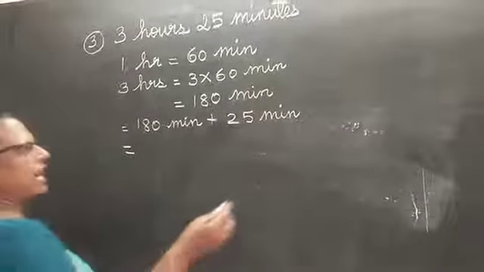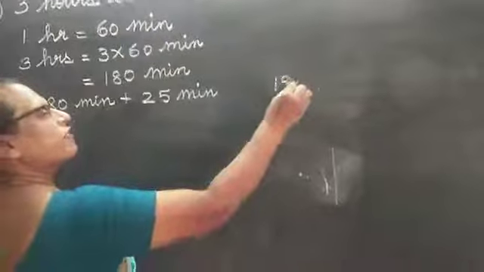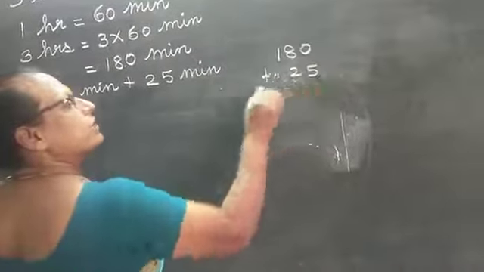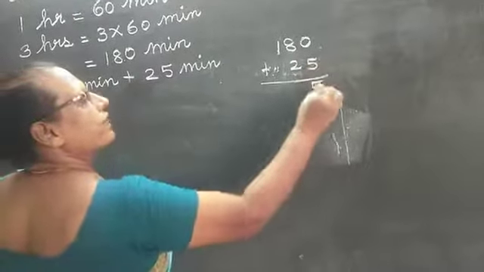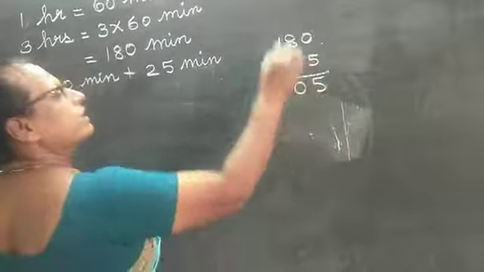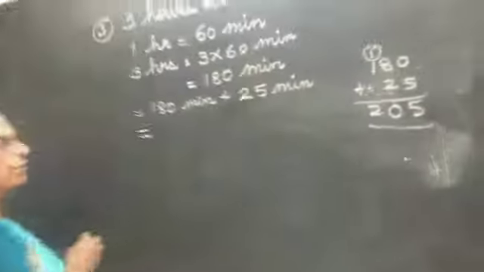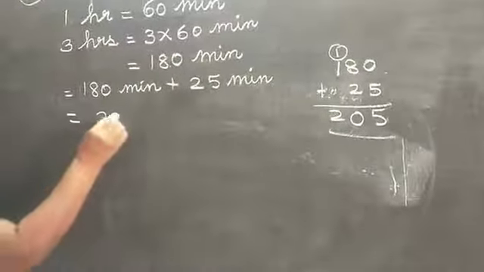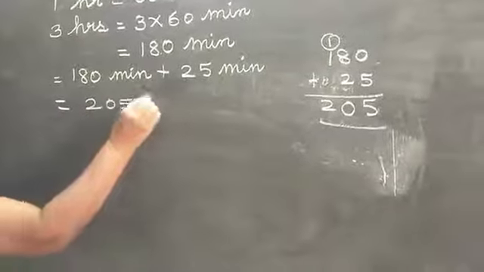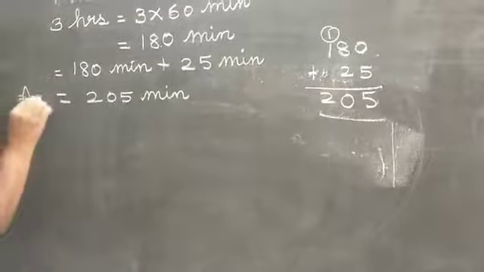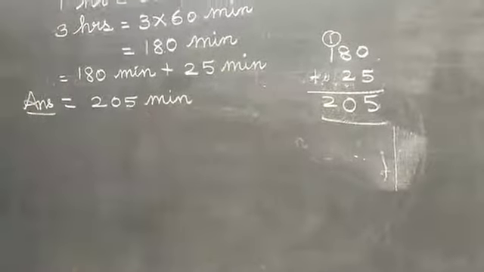If you feel it is hard, you can write in the rough column. 180 plus 25. 0 plus 5, 5. 8 plus 2, 10. Carry over 1, 1 plus 1, 2. So what's the answer? 205 minutes. This is the answer.